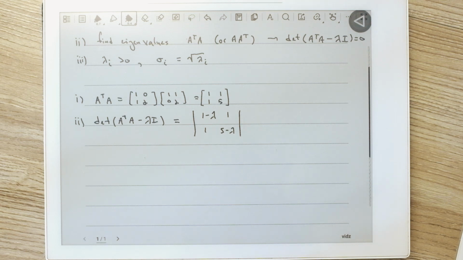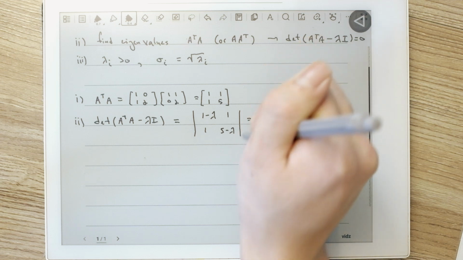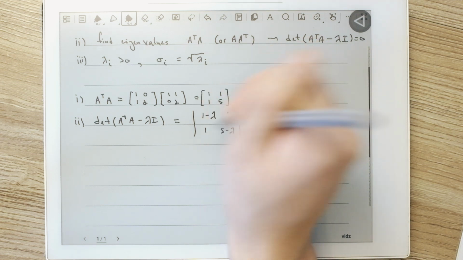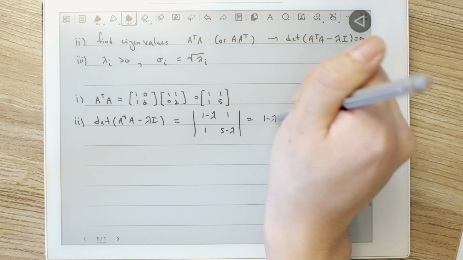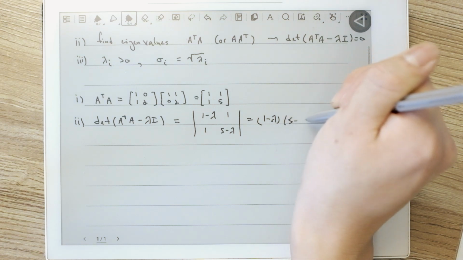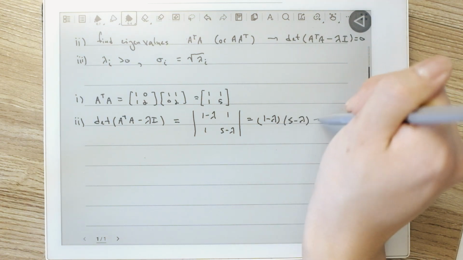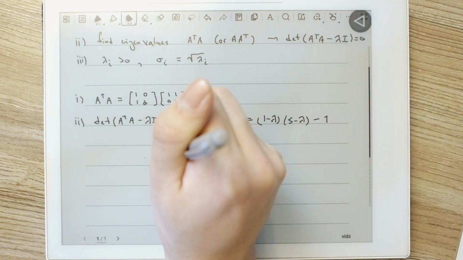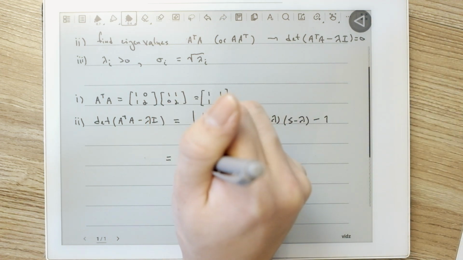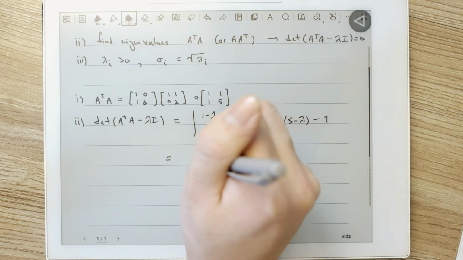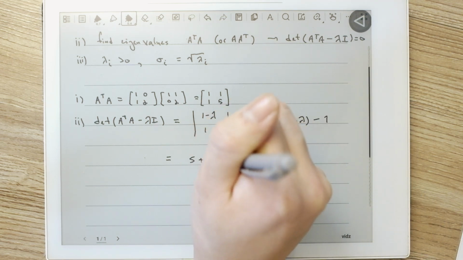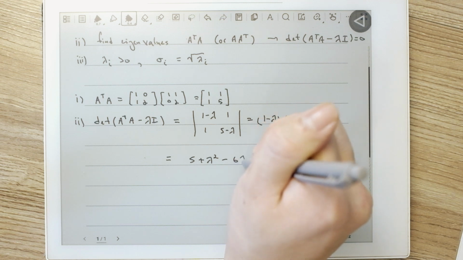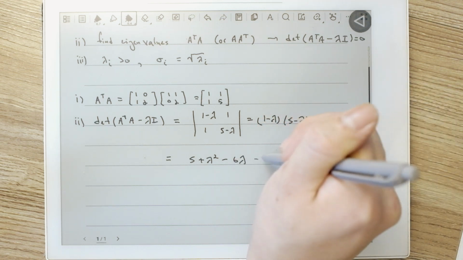How do we compute the determinant of a 2 by 2 matrix? Let's recall, we basically multiply the diagonals here, so we go 1 minus lambda times 5 minus lambda, and we do minus 1 times 1, so just 1. Let's expand that. Expanding that, we get 5 plus lambda squared minus 6 lambda, and then this minus 1 over here.